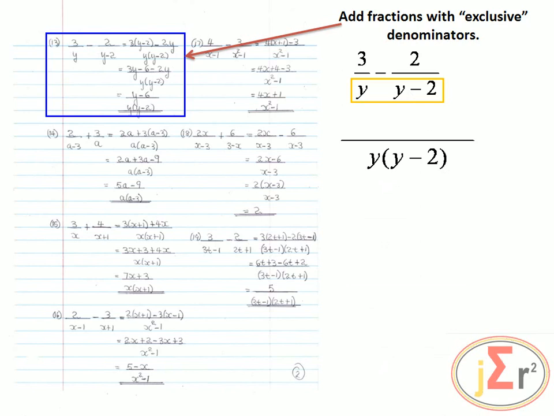Our first term in the numerator is found by multiplying the numerator of the first by the denominator of the second, like so. And the other term in the numerator is found by multiplying the numerator of the second by the denominator of the first, like that. And there we have in our numerator an algebraic expression.